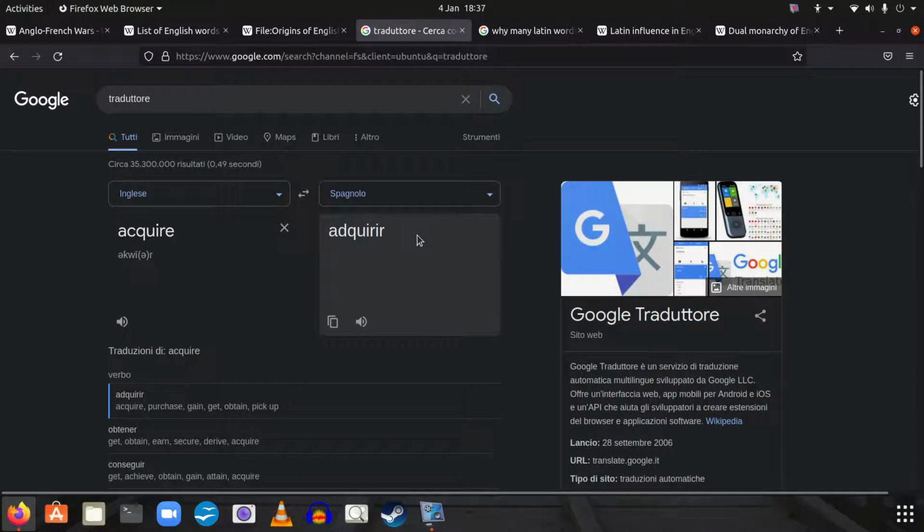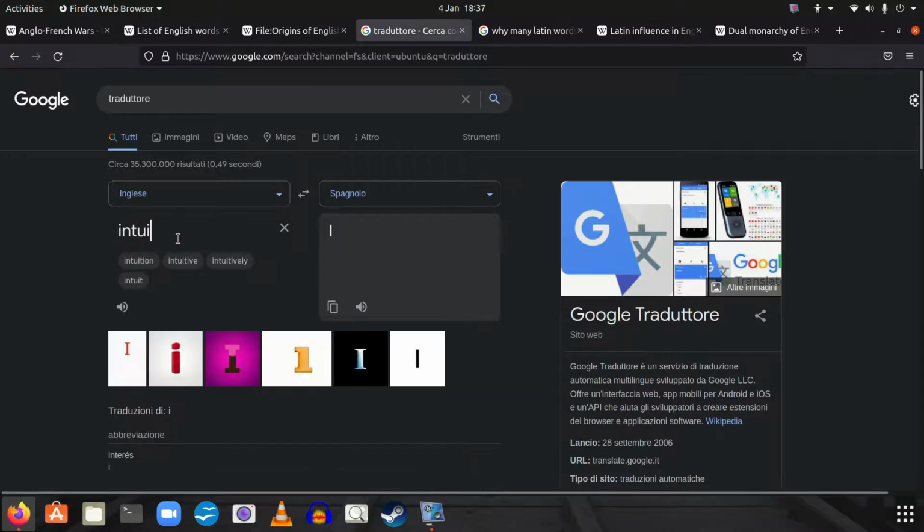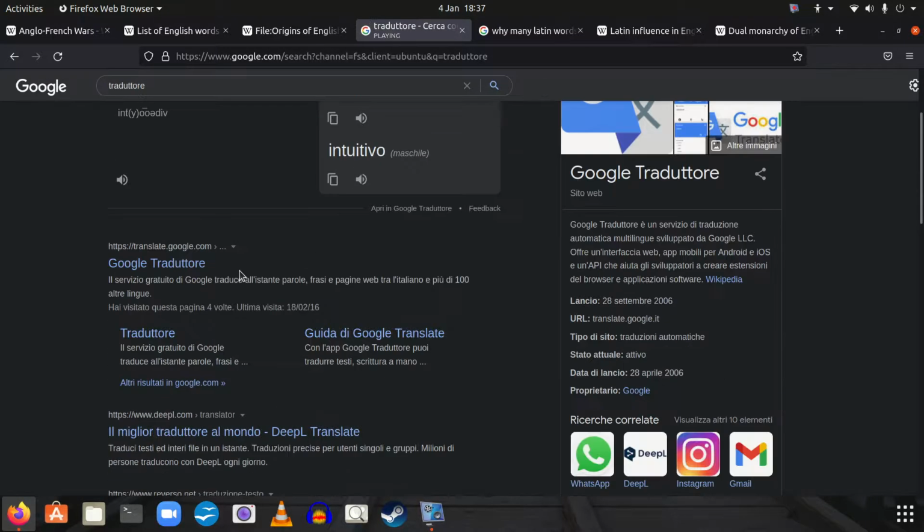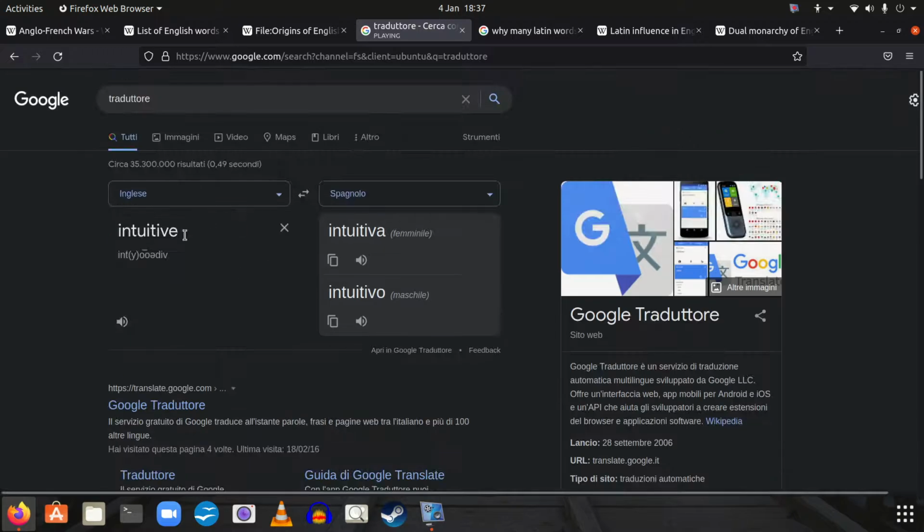Let's try with another word. For example, intuitive. Intuitive.